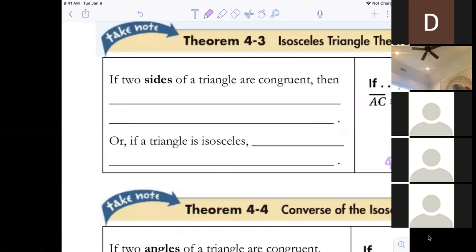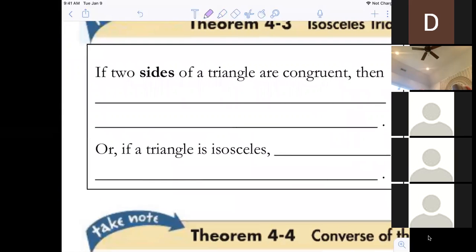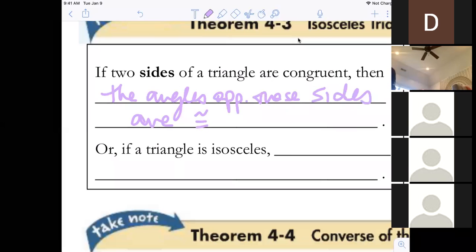So if we want to say that in words, generally we'd say if 2 sides of a triangle are congruent, then the angles opposite those sides are congruent.